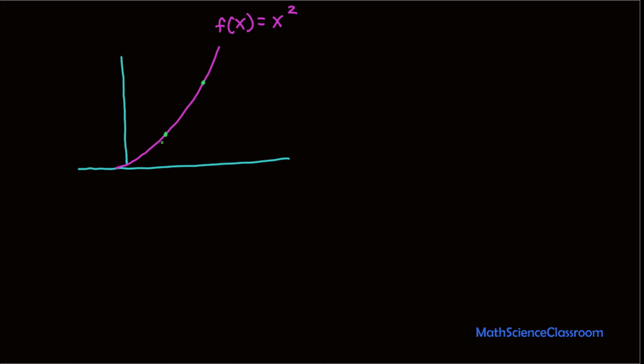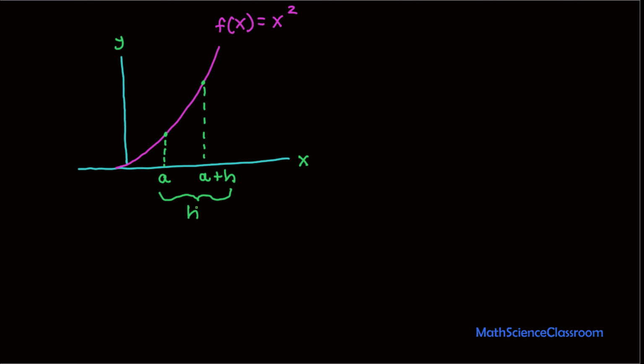We will call this point A on the x-axis, and we will call this point A plus h. And this difference is h.